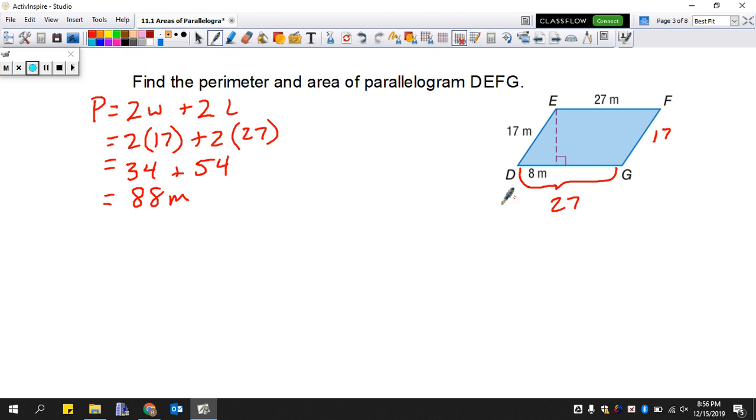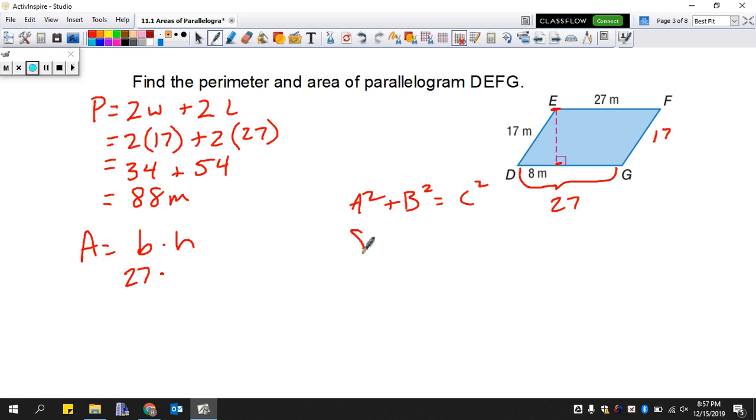Area is base times the height. The base is 27. The height we don't know yet, because that's the distance from here to here. We're given 8, so we have a squared plus b squared is equal to c squared.